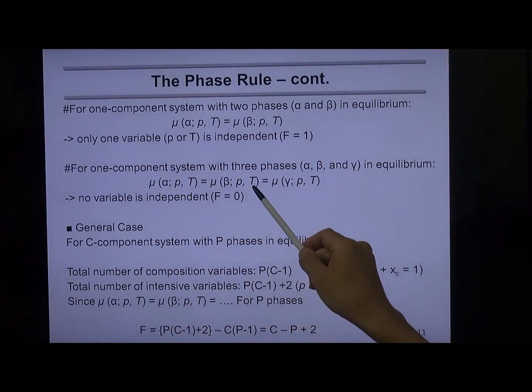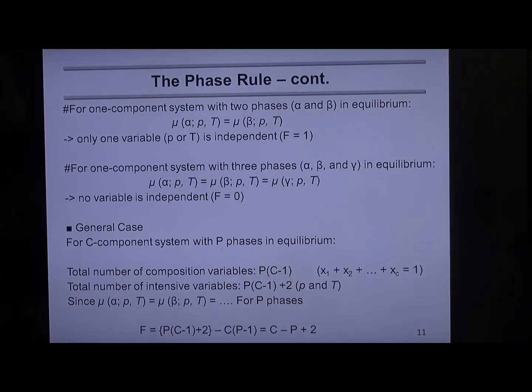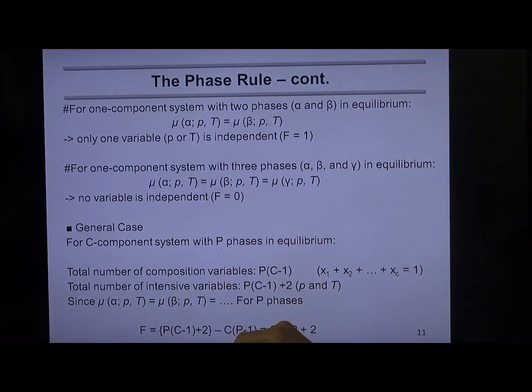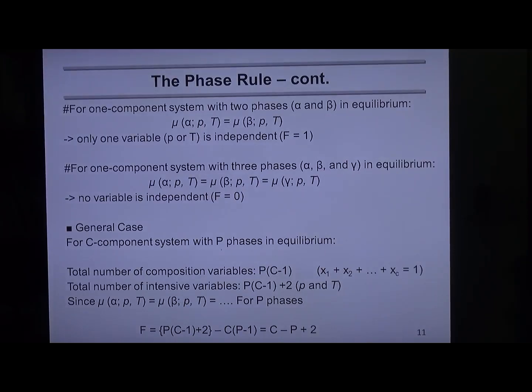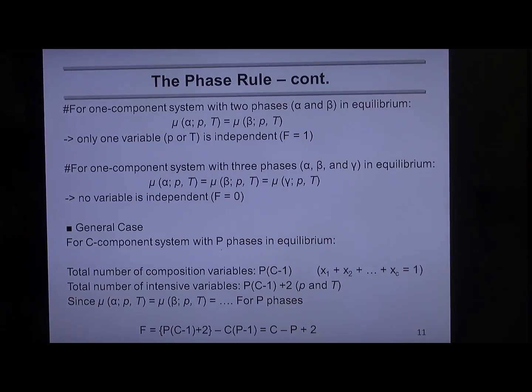Basically, we have 2 equations, this equation and this equation. We have 2 variables, pressure and temperature. We have two equations that automatically determine pressure and temperature. There is no option. There is no independent choice. So variance is 0.